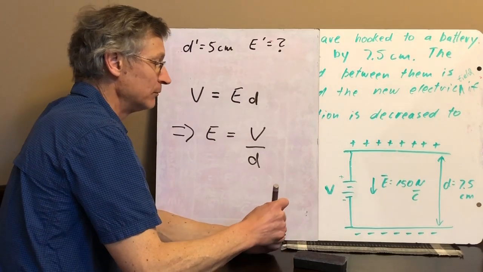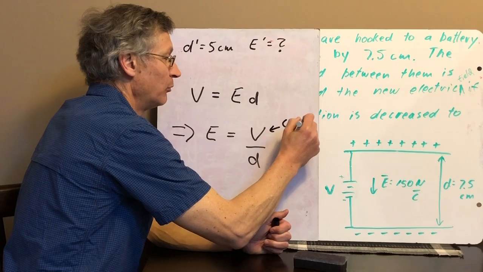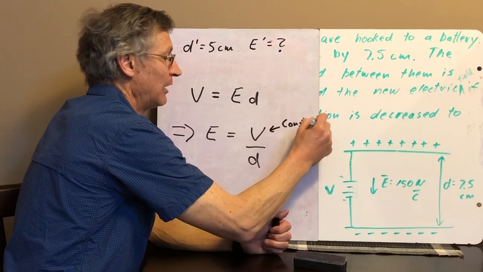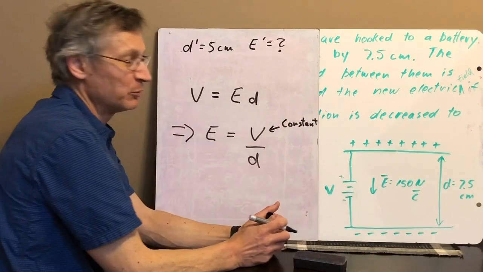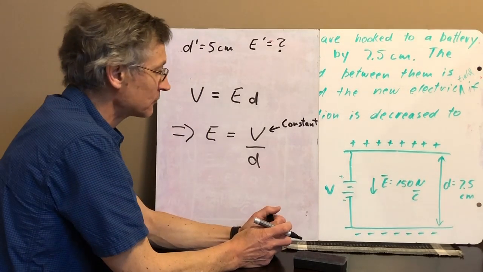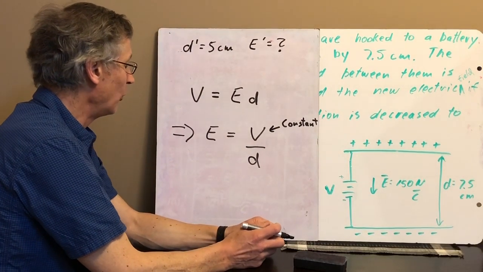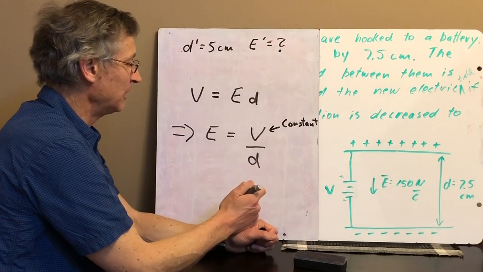So this V is constant. The plates are always hooked up to that battery, and the voltage of the battery isn't changing. The potential difference across the plates is not changing. So E is equal to some constant divided by D.